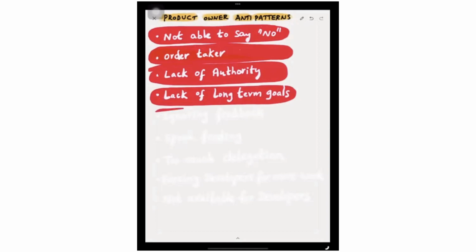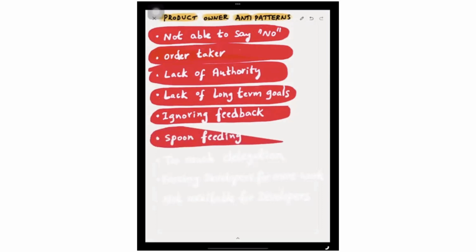And ignoring feedback. So product owners have to be very, very clear about involving the customers, involving the stakeholders, also taking some feedback from developers and subject matter experts, in order to make the product successful. And spoon feeding is another anti-pattern. Great product owners do not do spoon feeding.